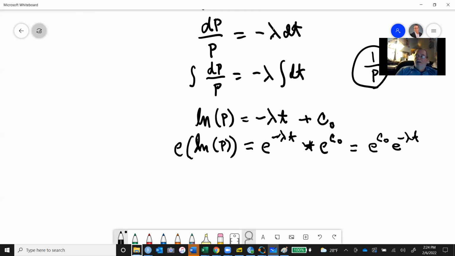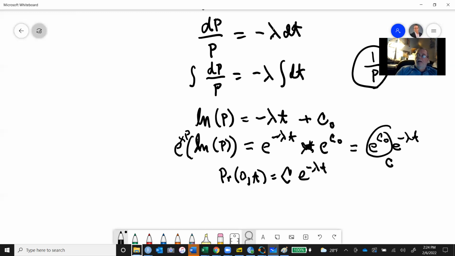Okay, that's a times there. And this is pretty sloppy, I know. But it gets you the idea. Inverses of functions give you the function back. So there's the probability again. So I'm going to write it out so we don't forget what the heck it is. And I'm just going to call this C, constant of integration, e to the minus lambda t.